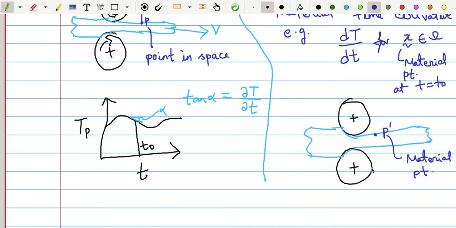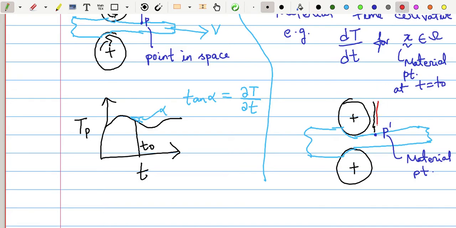Now how do I measure the temperature of a material point? Anybody? Thermocouple. You can use a thermocouple. Very good. It's not easy really, this is very, very difficult. But nonetheless, I can use a thermocouple.